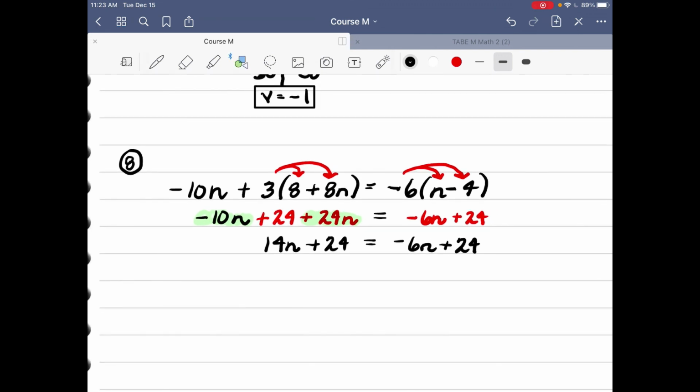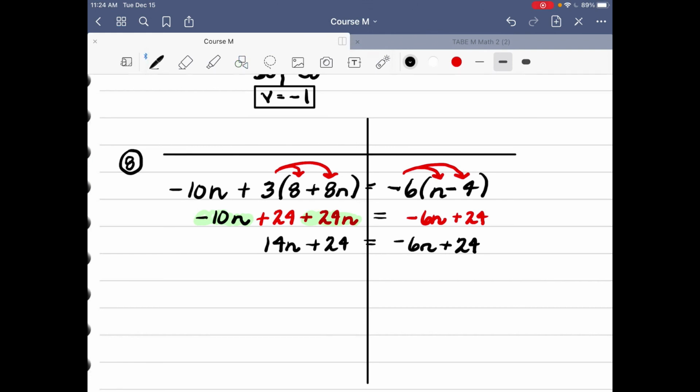Now I can draw the power T finally. It's a big old T this time because there's a lot of stuff to put under there. 14n or 6n, which is the boss? This is the boss. And then the constants will all move to this side.